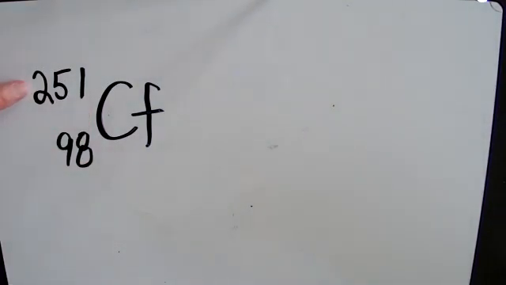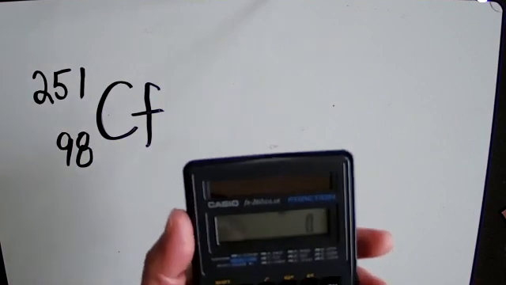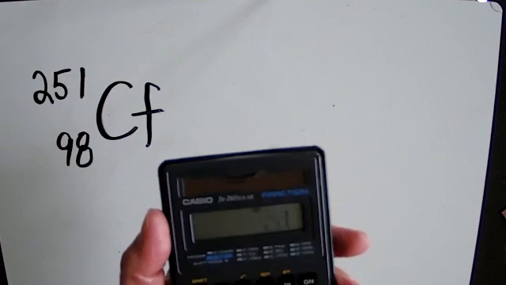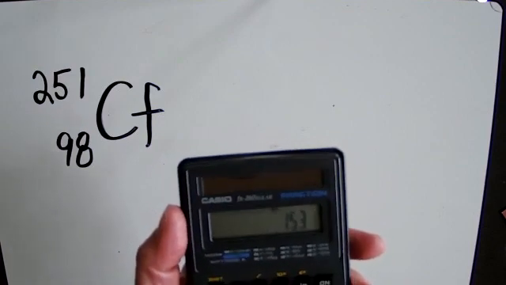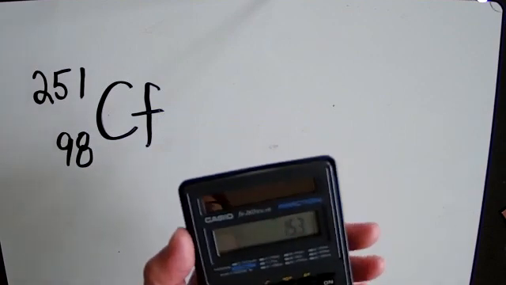Remember, 251, the mass number, is the number of protons plus the number of neutrons. So in order to find your number of neutrons, we take 251 on our calculator and subtract 98, and that gives us 153 for the number of neutrons.